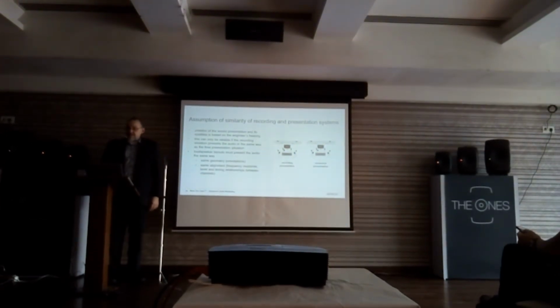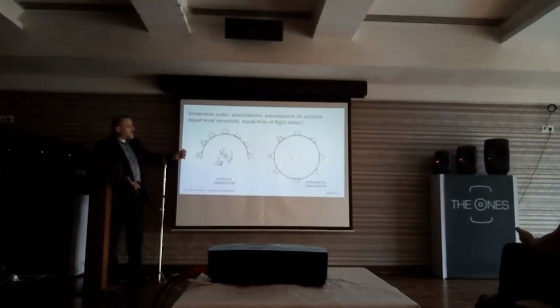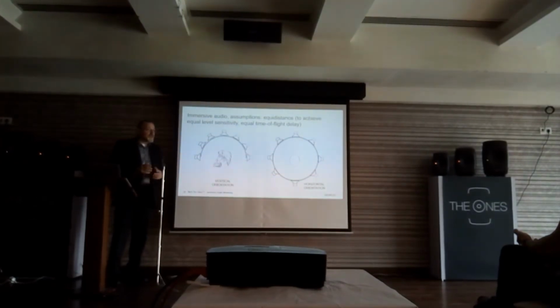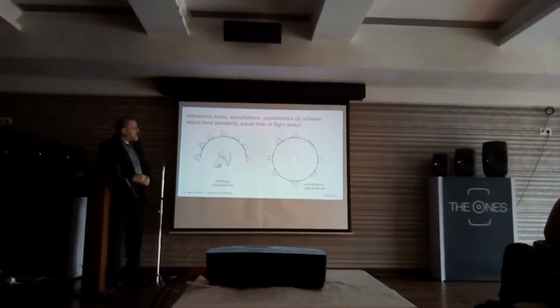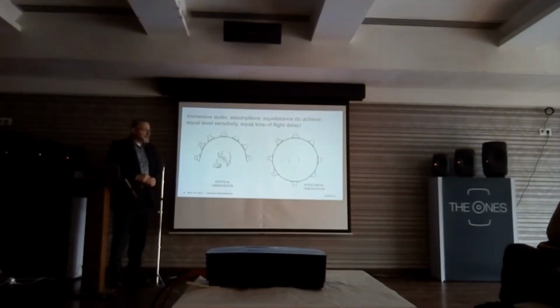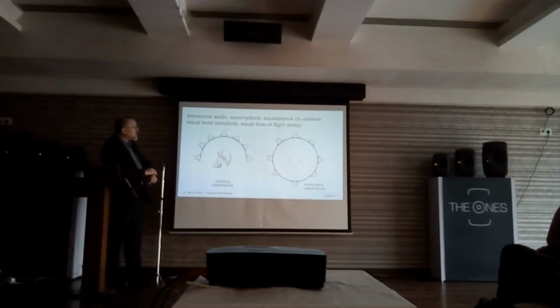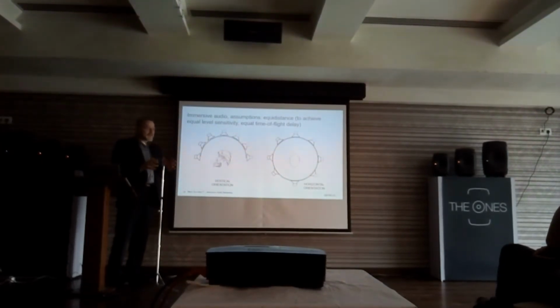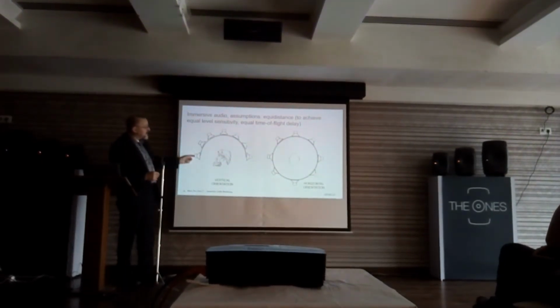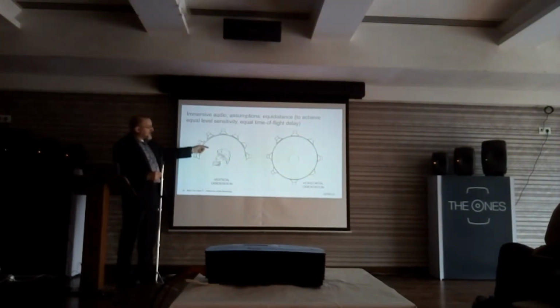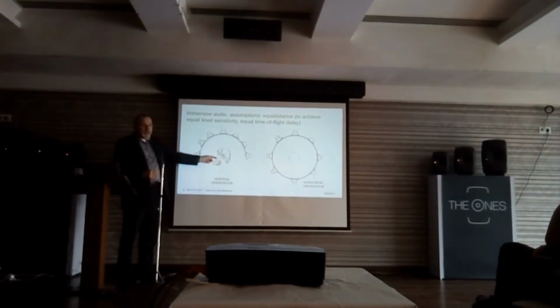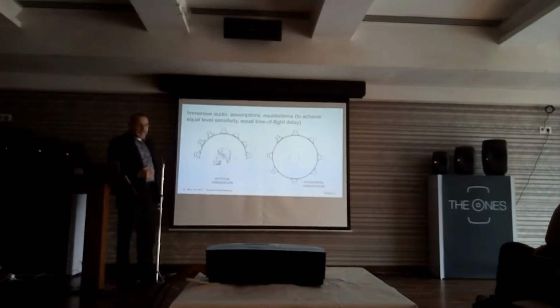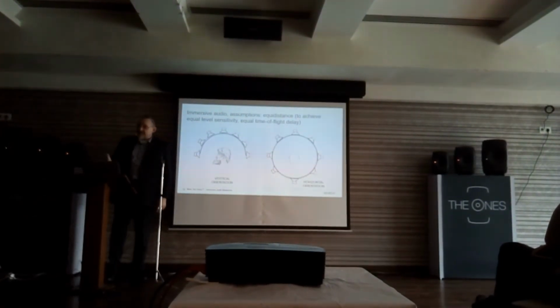Then many times, and this is something where I would ask you to pay attention to how different systems present themselves, there seems to be the assumption that all physical loudspeakers that are part of the system are at equal distance, both vertically and horizontally, from the listener. And they deliver sound at equal level and with equal time.